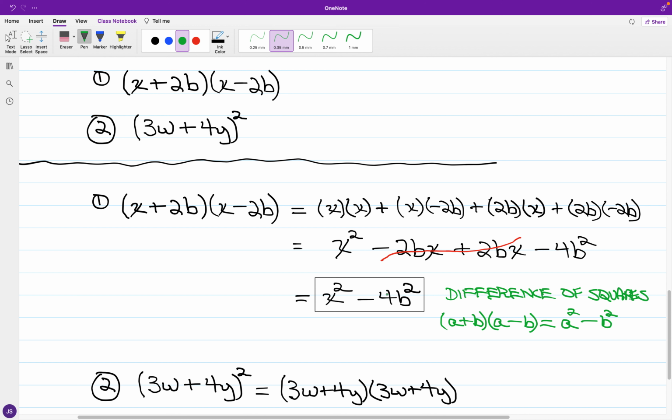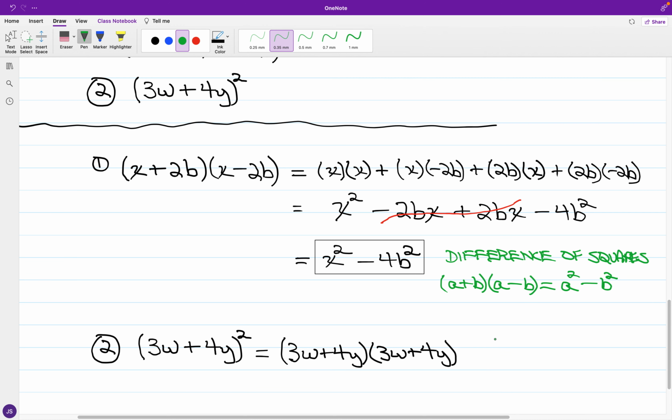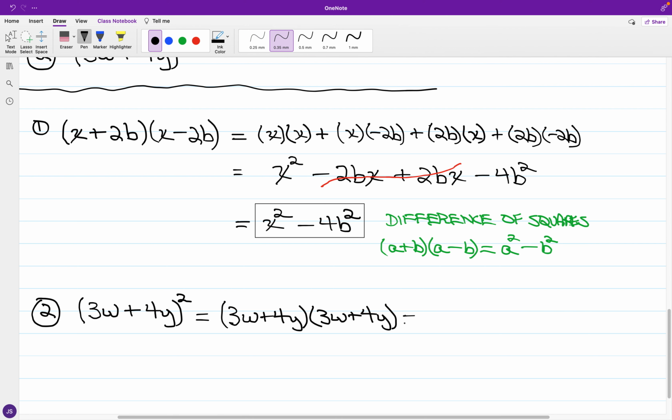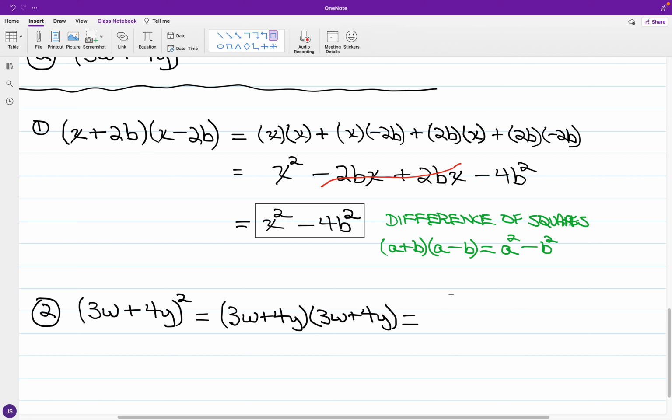So there's not a first order middle term. And this is one of those special cases. Now for the second item, we have 3w plus 4y squared, or 3w plus 4y times itself. And we'll just go with the geometric FOIL route on this one.